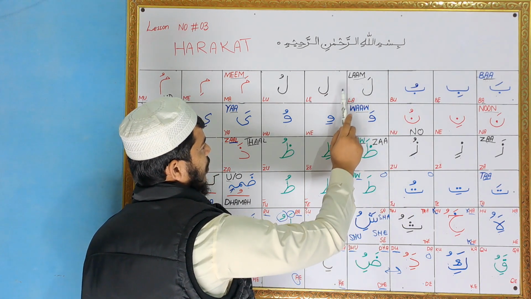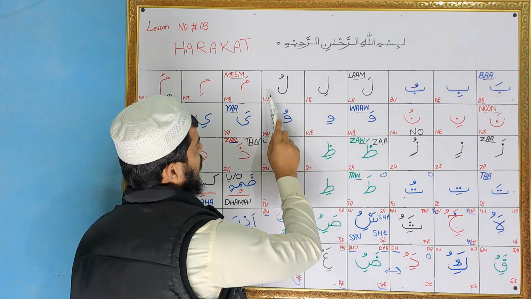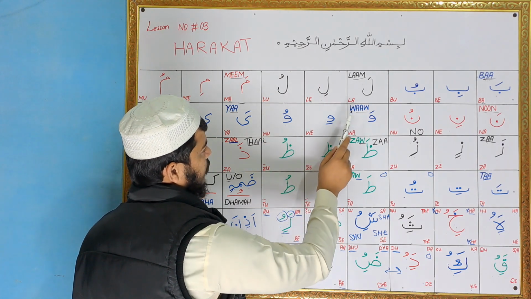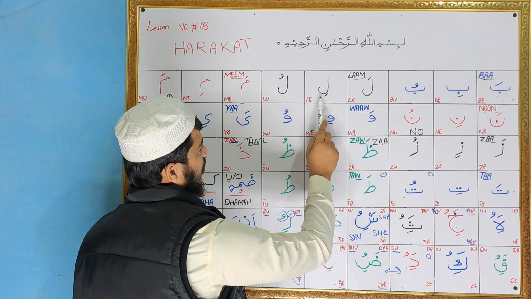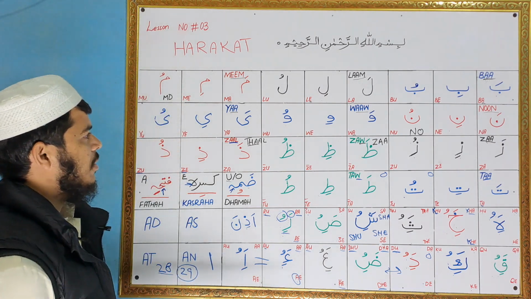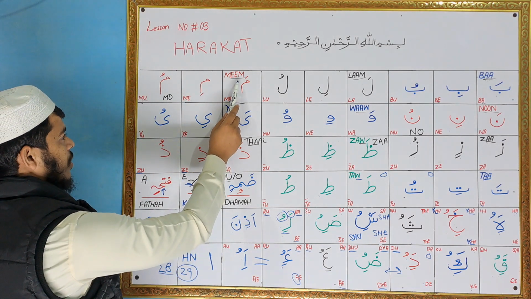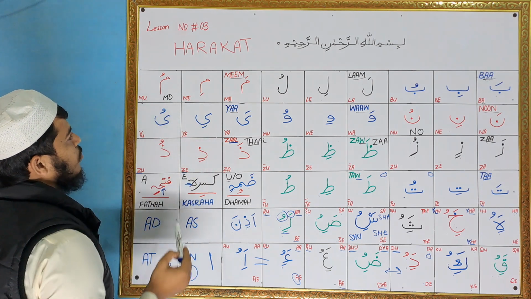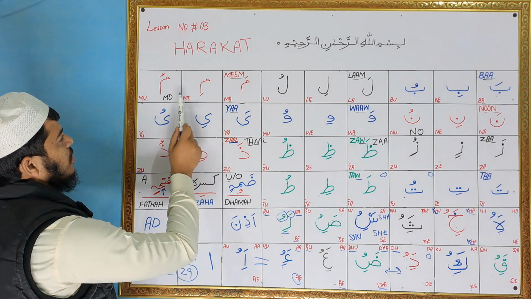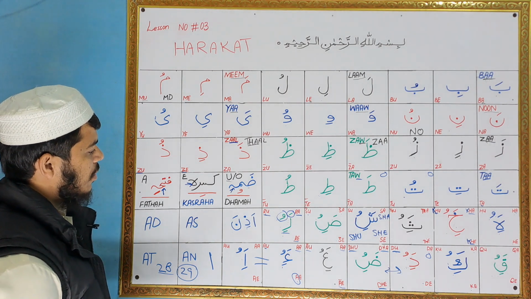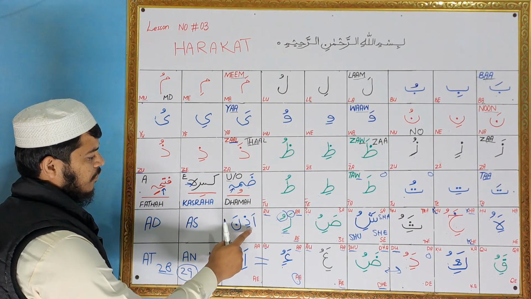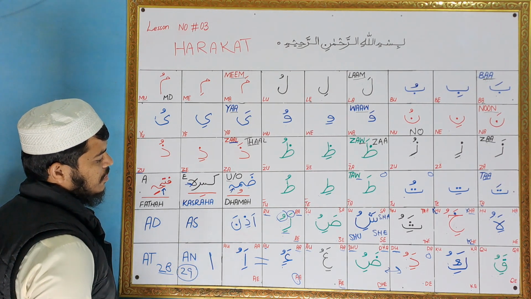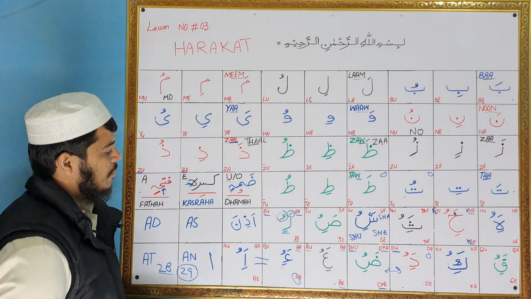Lam fatha la, lam kasra li, lam dhamma lu. Then without spellings, la, li, lu. Similarly, you will practice mim fatha ma, mim kasra mi, mim dhamma mu, ma, mi, mu. So that you get a little bit of practice how the words will sound.